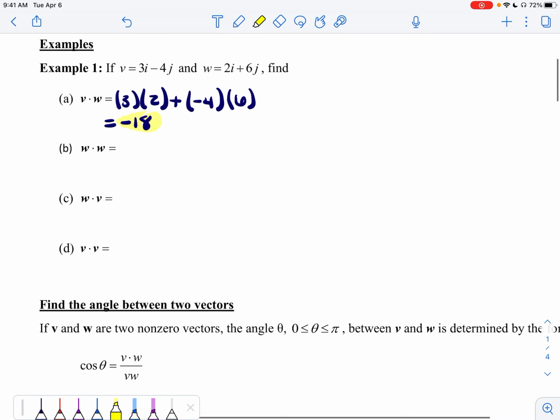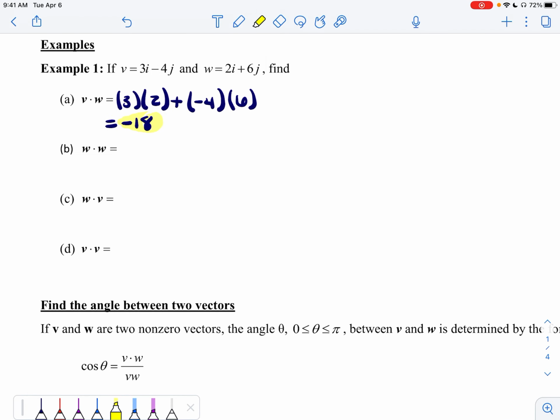All right, let's say we want to find w dot w. So the i component of w times the i component of w plus the j component of w times the j component of w. If we simplify this, we would have 4 plus 36, or 40.